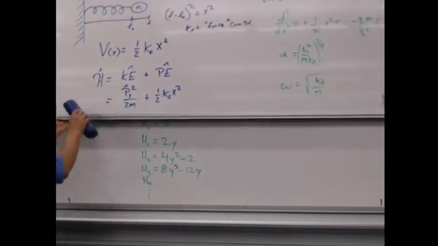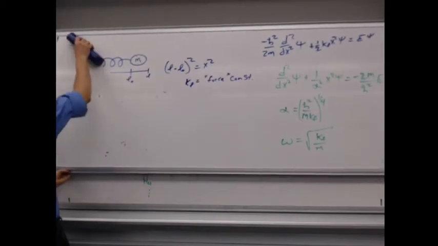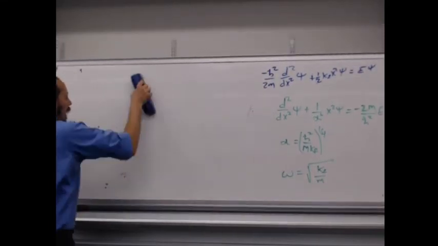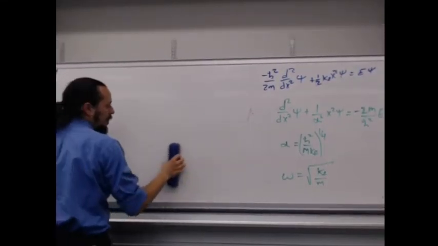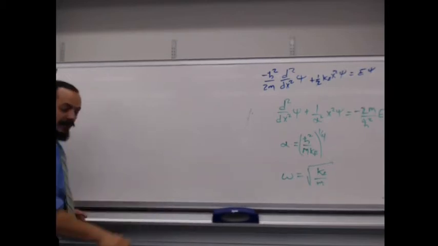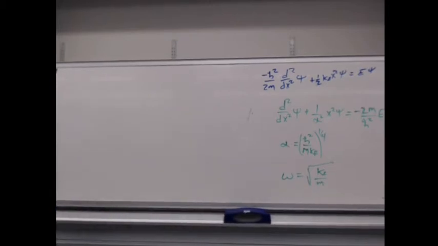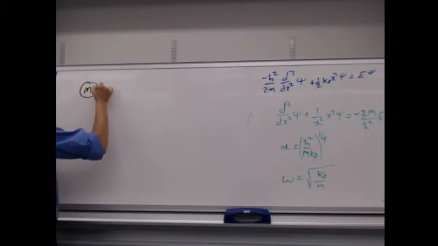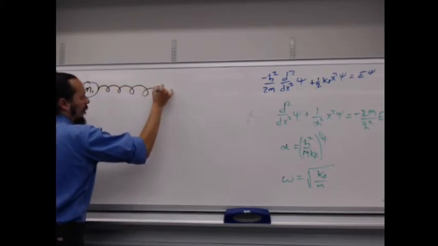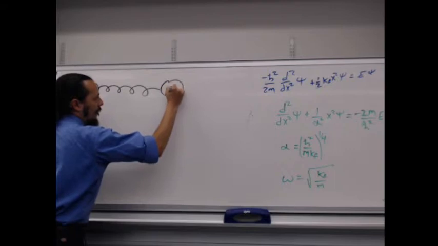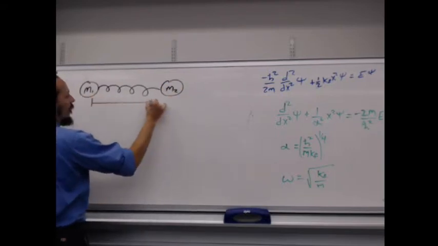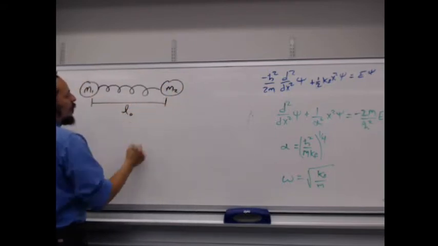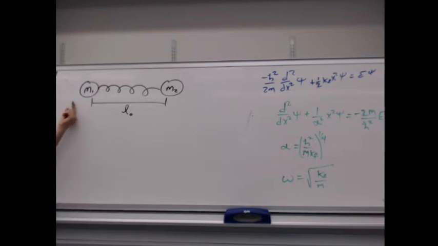Okay. So when we go to two masses, instead of looking at a spring on a wall, we look at two masses. We're going to have the same kind of setup. We're going to have mass 1, mass 2.